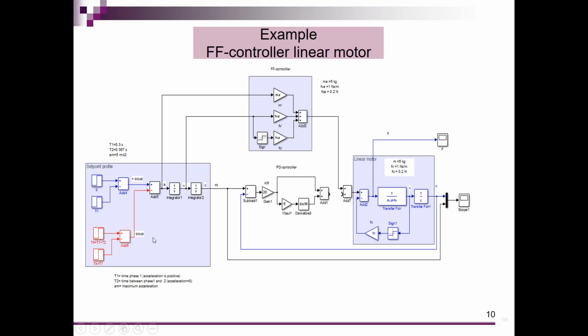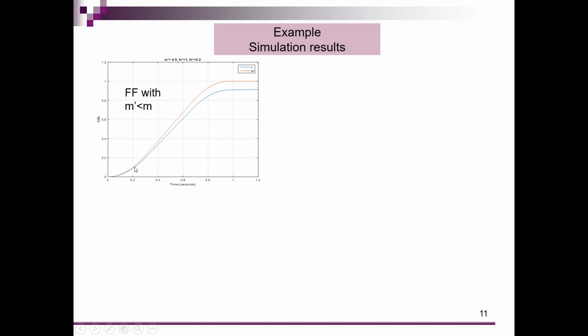So this is all software, the set point, the feed forward and the feedback controllers, and this is a model of my hardware. Now I'm going to look how the system behaves when I only realize feed forwards, when I only realize a feedback controller, and when I add the feedback and the feed forward controller as a combined input to my system. Well, let's have a look to the simulation results.